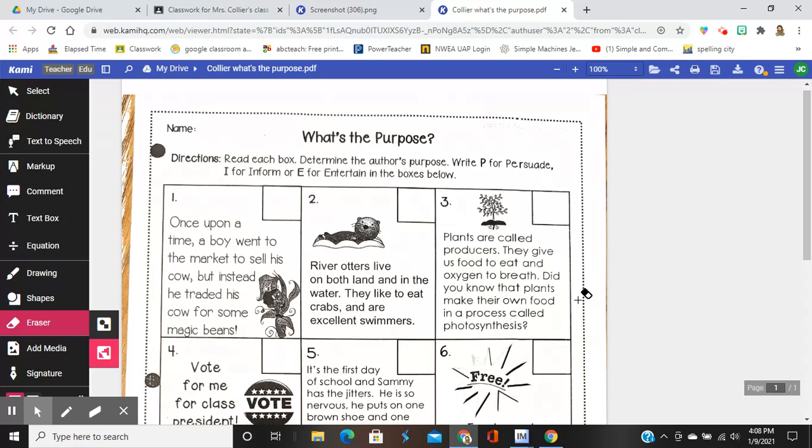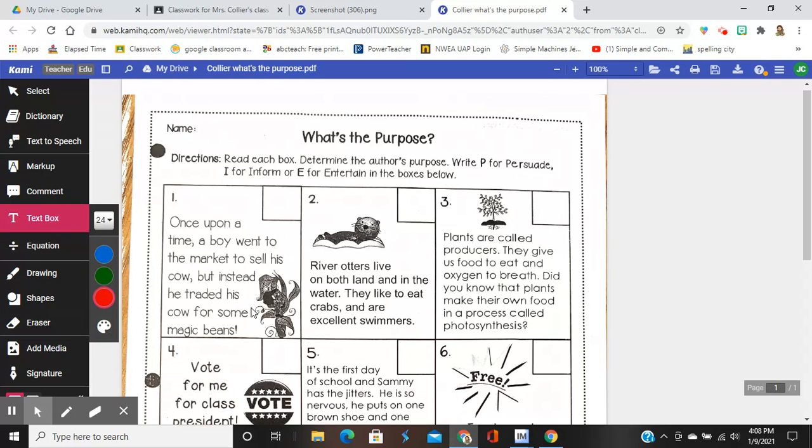Okay, so now this particular sheet does not have the explain option. Sometimes you will not have that as an option, and sometimes you will in third grade. So this particular one is just looking for P for persuade, I for inform, or E for entertain.